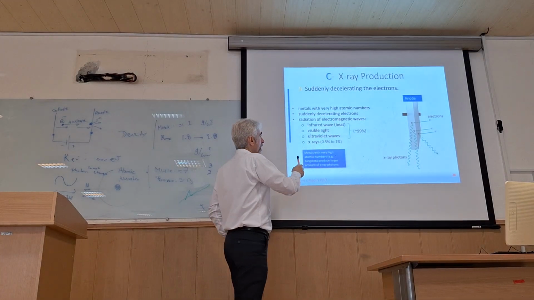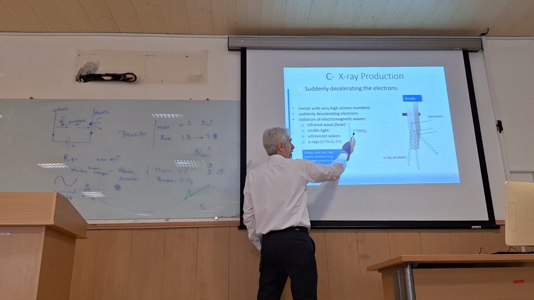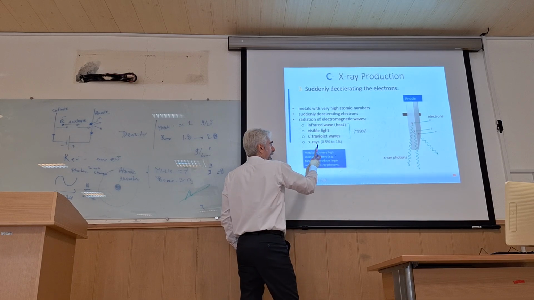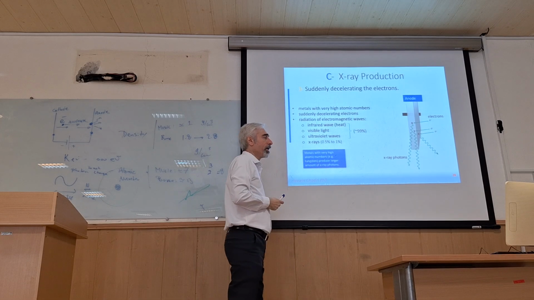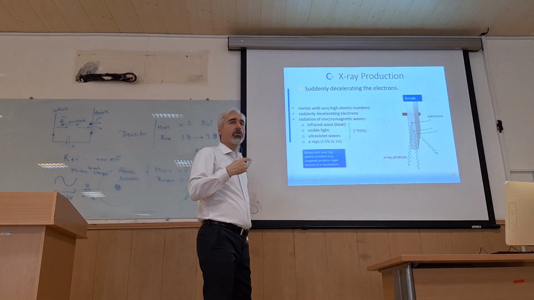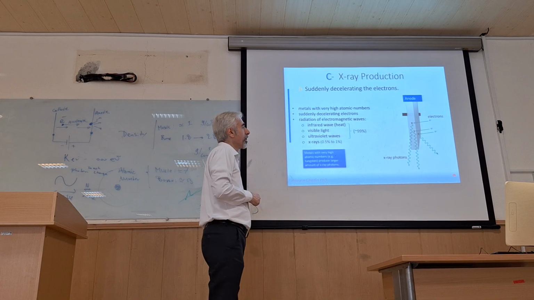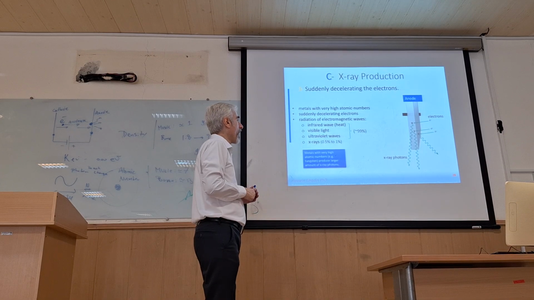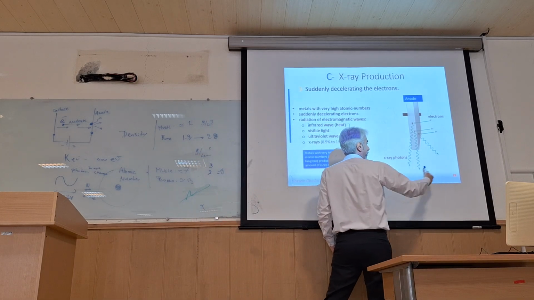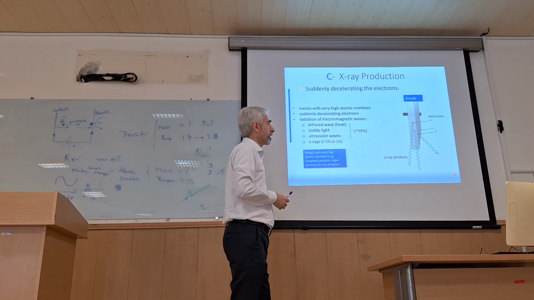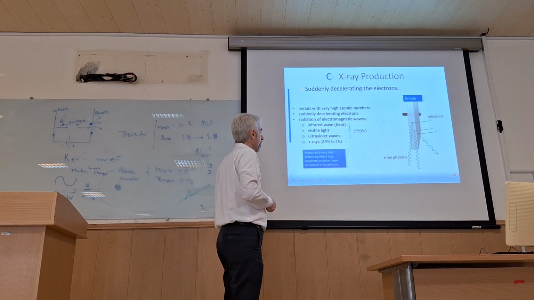Most of the time it is heat: 99% is heat, and 0.5% to 1% is X-ray. So the efficiency is very low, at most 1%, and somehow we have a small amount of X-ray photons generated by the accelerated electron.